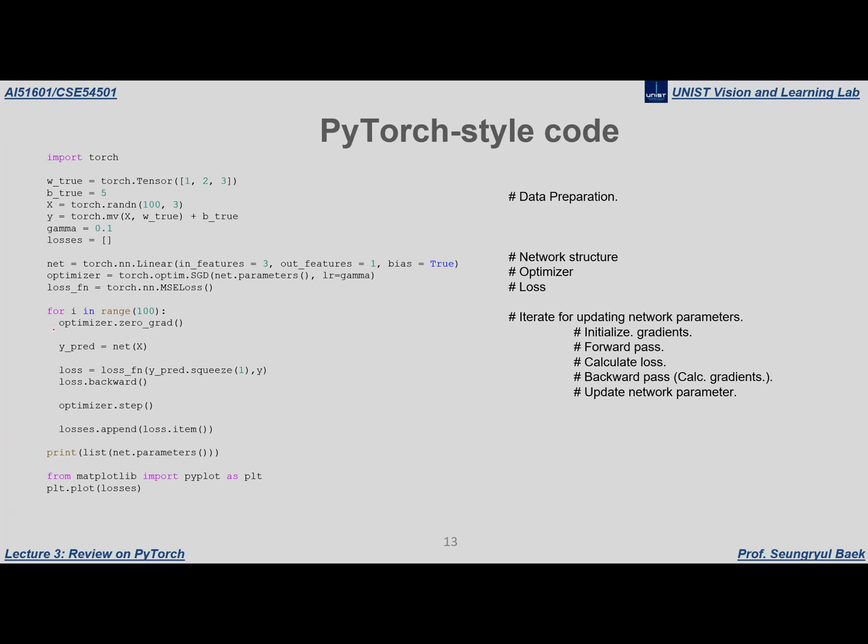So this is the PyTorch style code for the training. This is the data generation, and this is the definition of the network, optimizer and loss function. And then using this line of code, you can train the network.